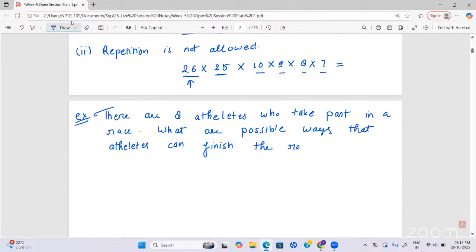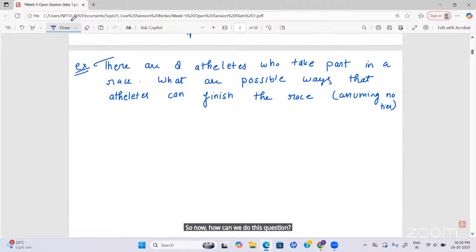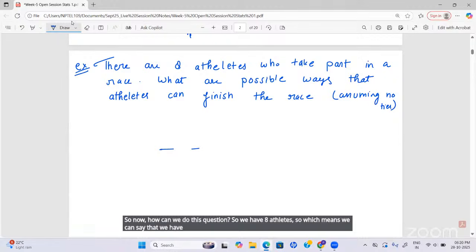Here we are assuming that there is no tie. Now how can we do this question? We have 8 athletes, which means we have 8 positions to fill.